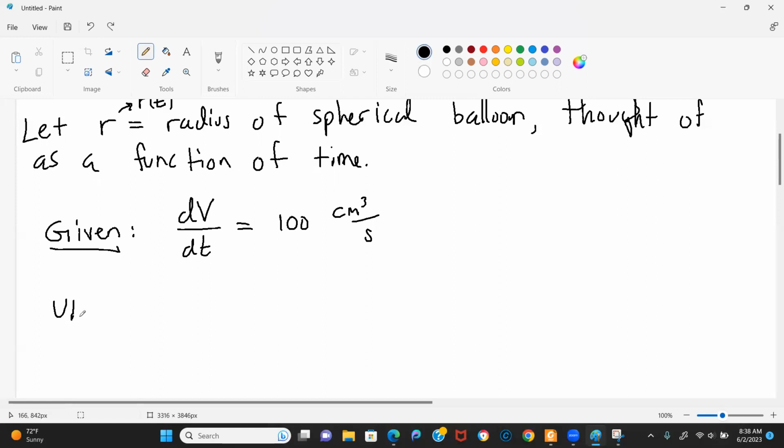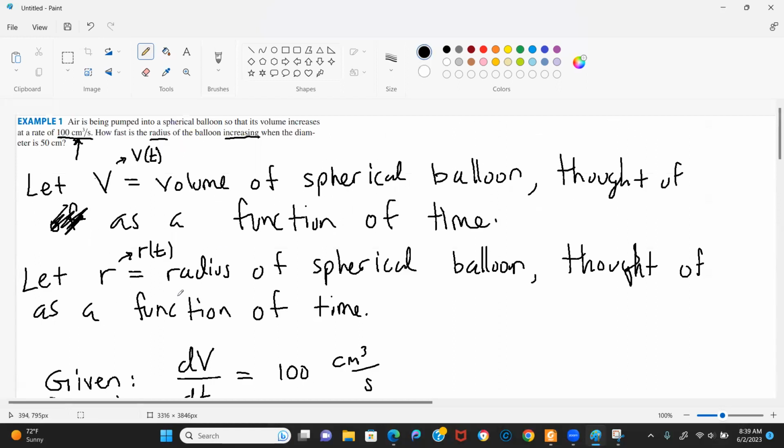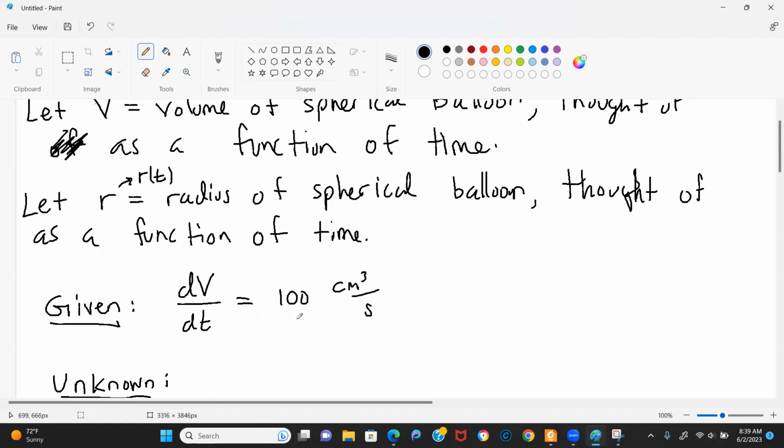And then the unknown is, so let's go back and figure out what the unknown is. As I said, air is being pumped into a spherical balloon, so its volume increases. It's important that we're using the word increases, at a rate of 100 cubic centimeters per second. So increasing means the derivative is positive. It's like you're adding more and more volume every second. Specifically, you're adding 100 cubic centimeters to the current volume of the balloon every second.